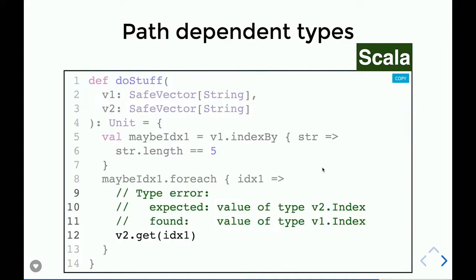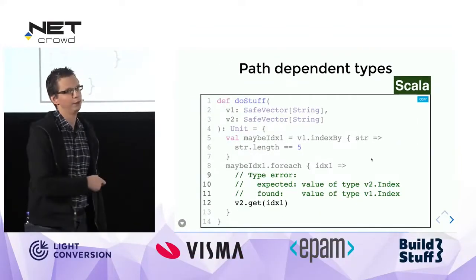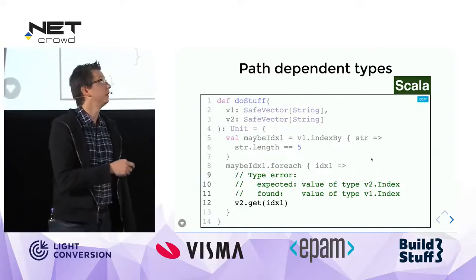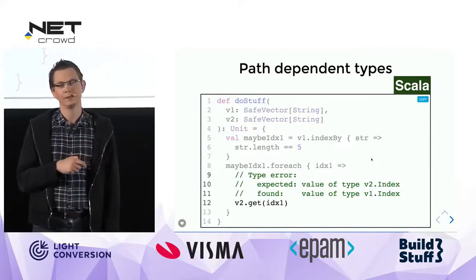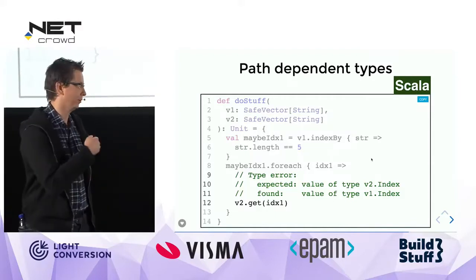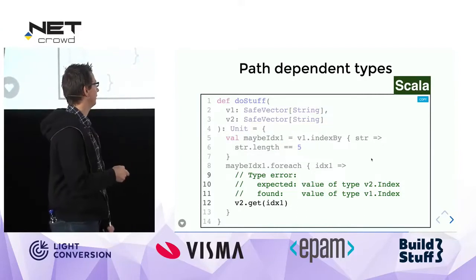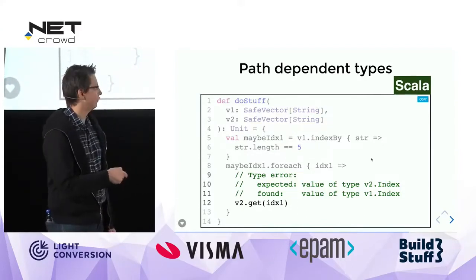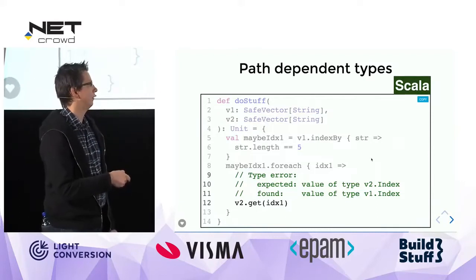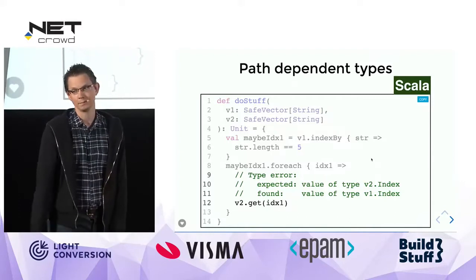But then, if we do, we get an index here, and we try to use that index on the second vector. And because the index type is defined inside of another type called safe vector, the compiler will tell us, oh, what you're doing. I expected to find a value of type vector2 index, but I found a value of type vector1 index.